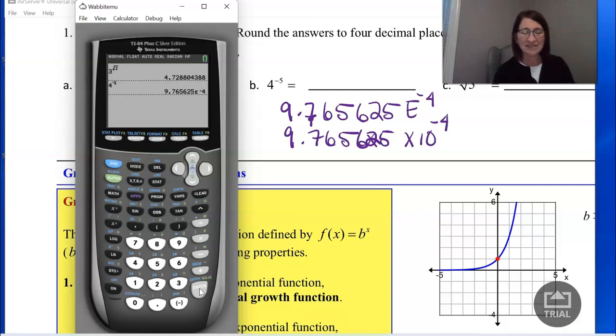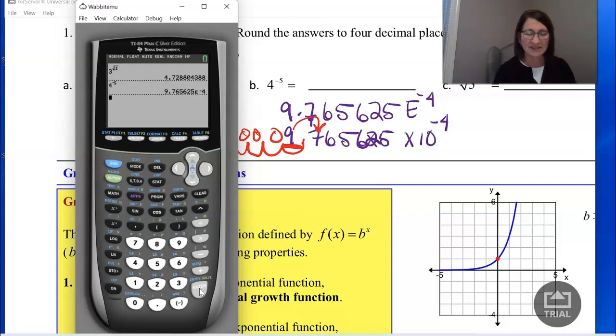So it's just telling us to move this decimal place over 1, 2, 3, 4 places. And then I put 3 zeros in as placeholders. If I'm rounding to the 4th place, I am going to look at this 9, because that's my 4th digit over to the right. That's the number that needs to be rounded.